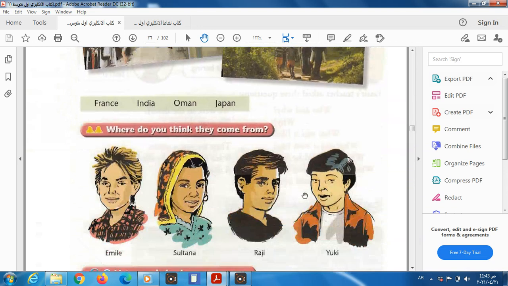Okay, now we have pictures of 4 people, 4 أشخاص: Emil, Sultana, Raji, Yuki. And you have to match these pictures with the 4 countries. كل شخص أرجع للدولة مالته. After we have to listen to this audio.